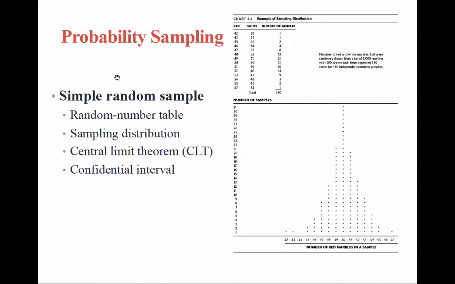What I could use is a random number generator or a random number table, and there is a random number table in your textbook. Or I could engage in some sampling distribution. What I would essentially be doing here is looking at the distribution of my random samples and how they exist from the population.